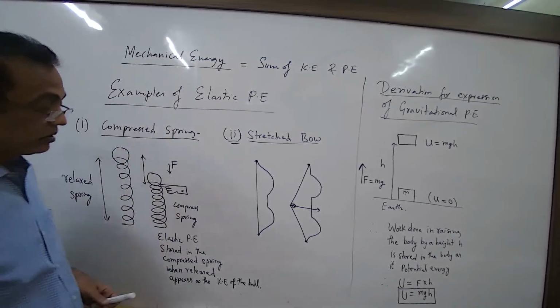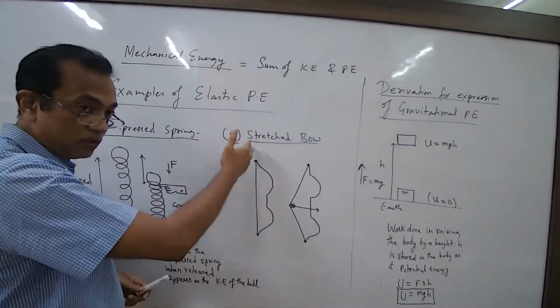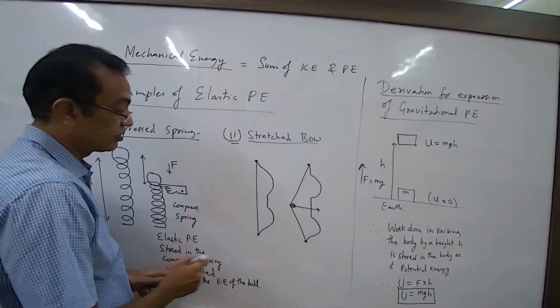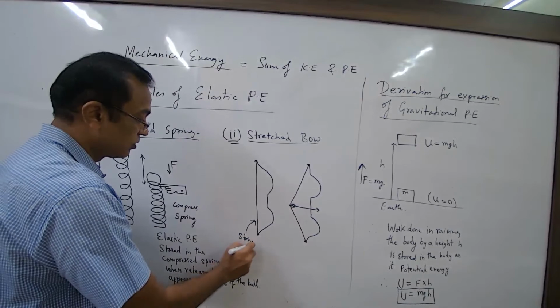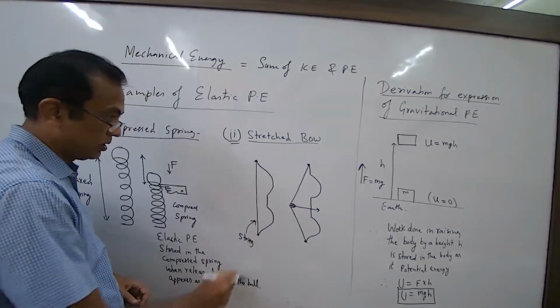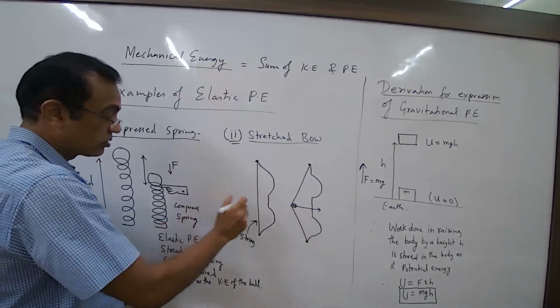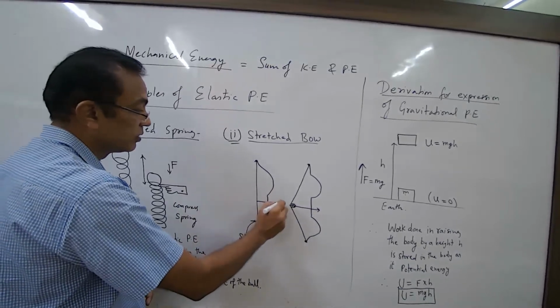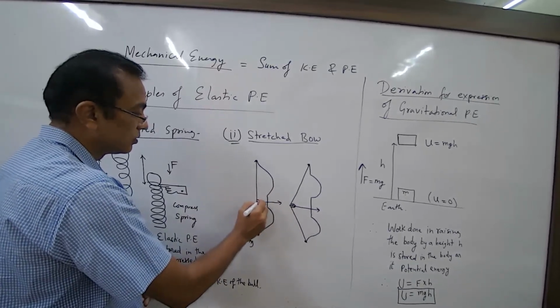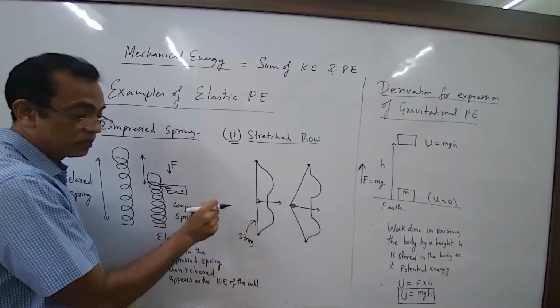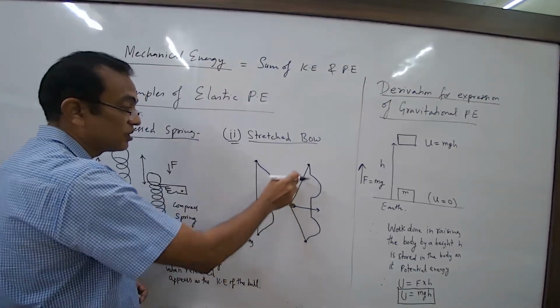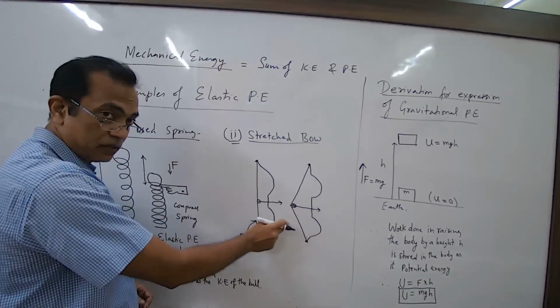Likewise, this is the relaxed position of the bow string. So this is the string of the bow, right? Initially it will be like this, but when it is stretched, then elastic potential energy will be stored in the string.